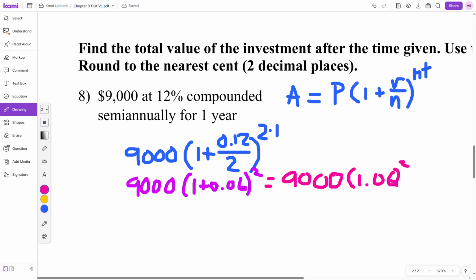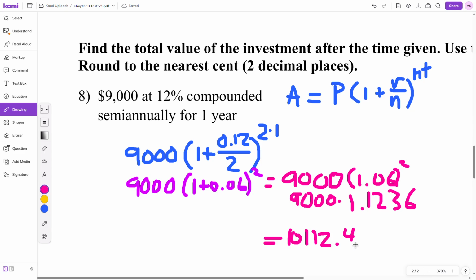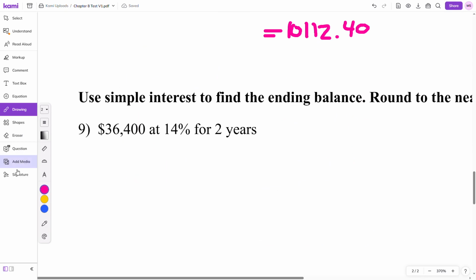And then I have to use a calculator. 1.06 squared is 1.1236. And if I multiply that by 9,000, I get 10,112.40.